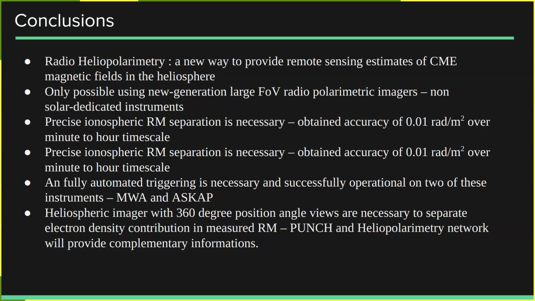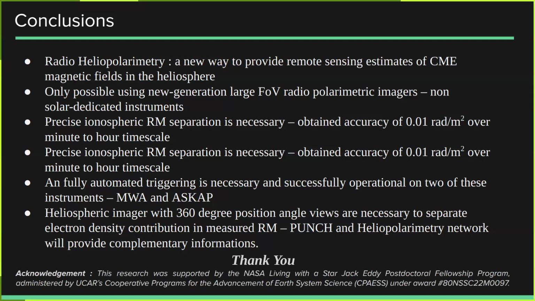So I'm looking forward to this new PUNCH data, and this heliopolarimetry technique is also a very new technique. We have developed it at almost a similar, I should say, right time. So with that, I will stop here and thank you.